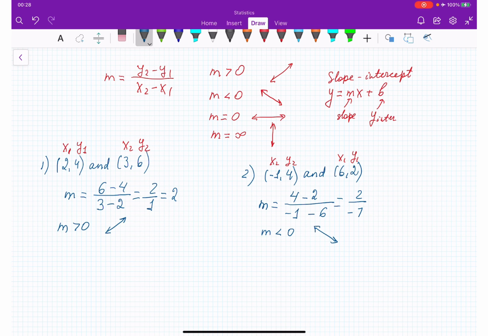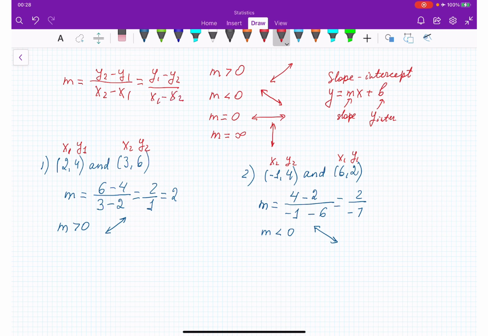By the way, something came to my mind, and I want to bring it to your attention. This definition of slope, instead of y2 minus y1 over x2 minus x1, can also be y1 minus y2 over x1 minus x2.